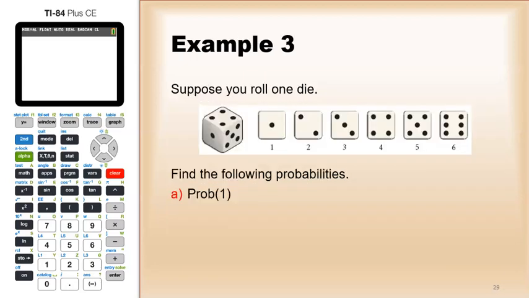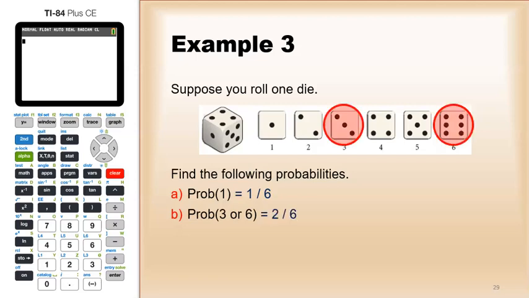Alright, let's take an example. Suppose you roll a die. In this case, the possible outcomes are 1, 2, 3, 4, 5, or 6. Now, if I want to find the probability of 1, there is 1 favorable outcome divided by 6 possible outcomes, so the probability is 1 out of 6. If I want to find the probability of a 3 or 6, in this case, there are 2 outcomes that are either a 3 or a 6.